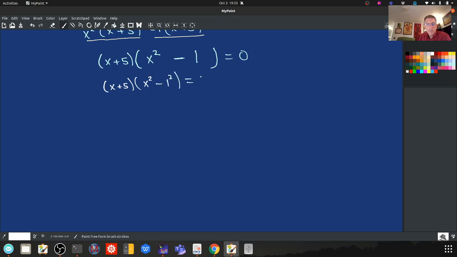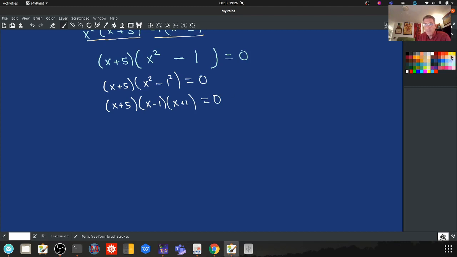And that's equal to 0. So my x plus 5, that's a linear factor, and it's actually prime. And I'm going to use the difference of squares factorization for x squared minus 1 squared. That's x minus 1 times x plus 1. And that's equal to 0.